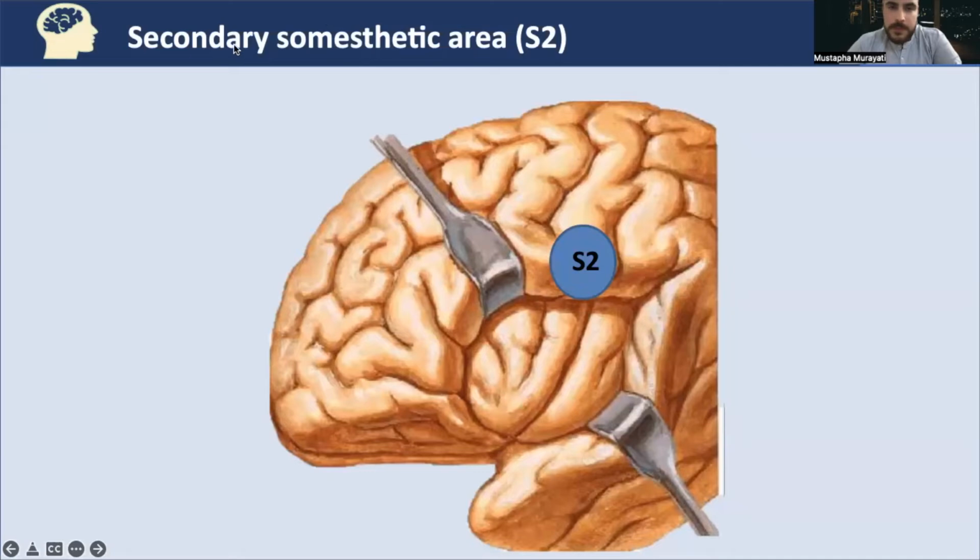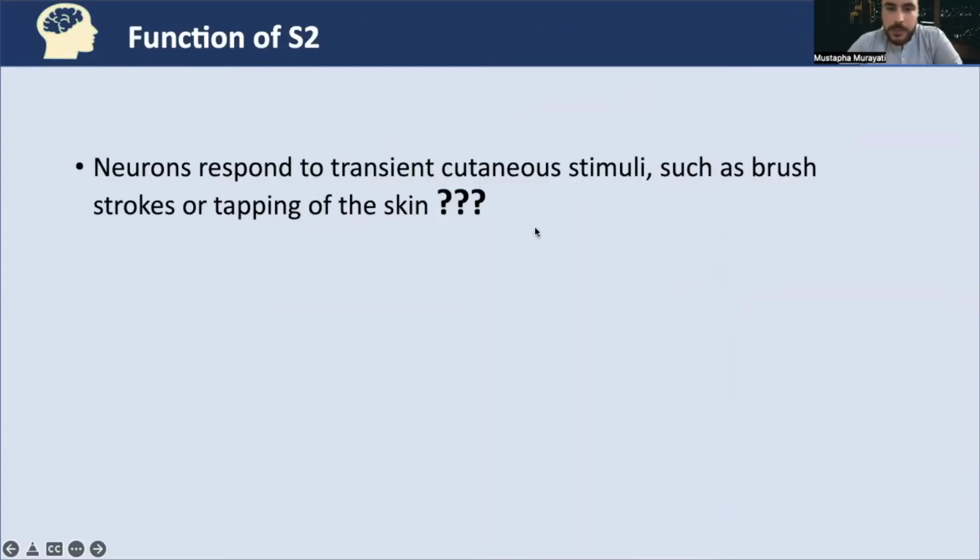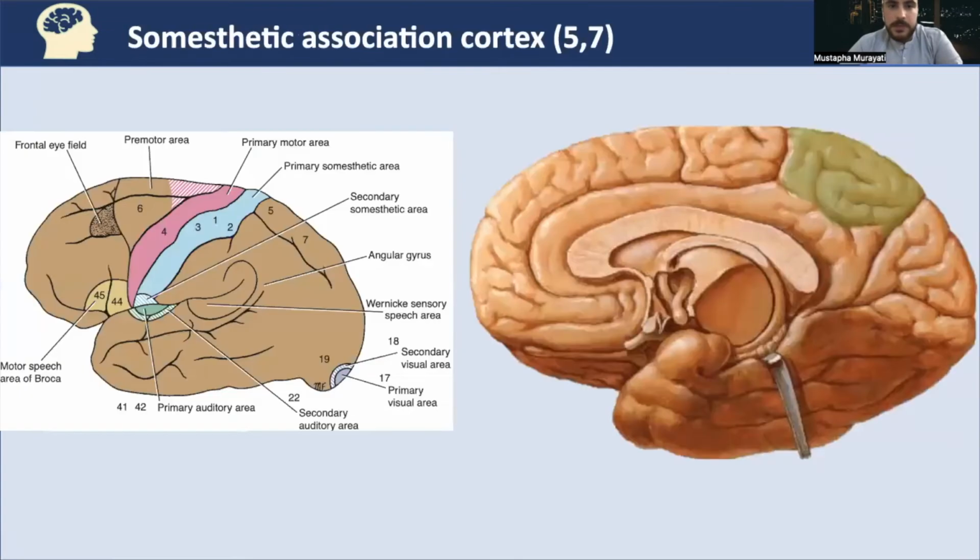As we took the primary somatosensory area, it was S1. So S2 is a small area located in the upper lip of the Sylvian fissure on the opercula. And it's just a small area with no well understood function or important lesions to be discussed.